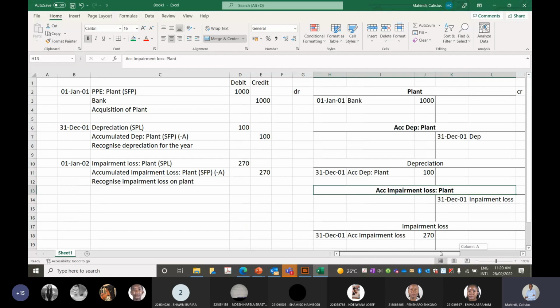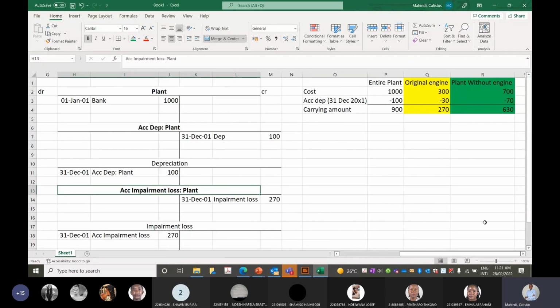Okay, so in our plant account, we have our carrying amount of the plant was 900, but this was for the entire plant, right? But then what happened as well?